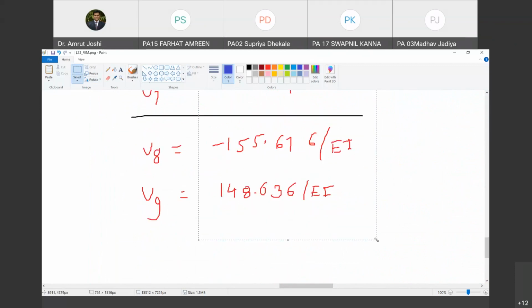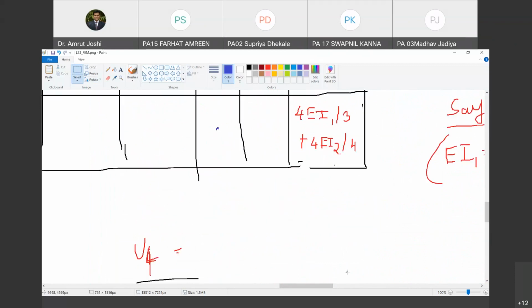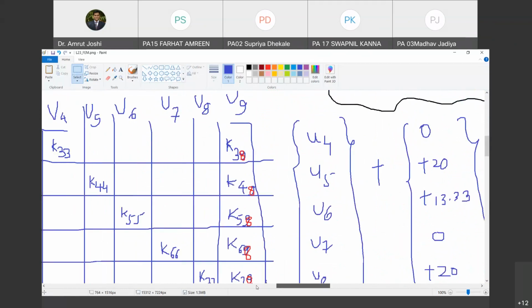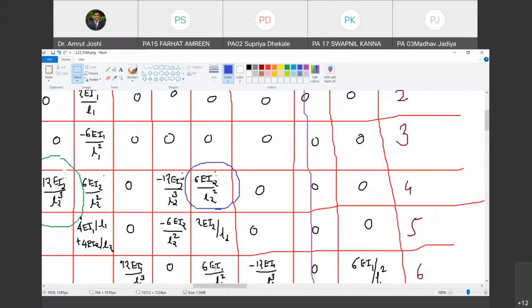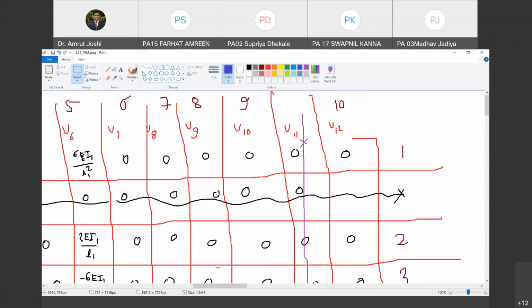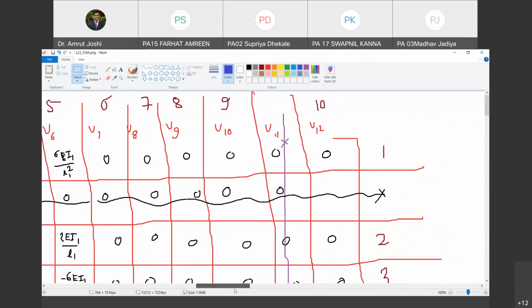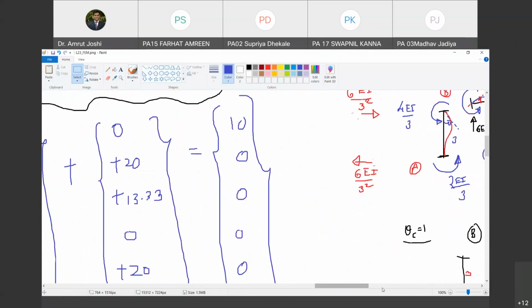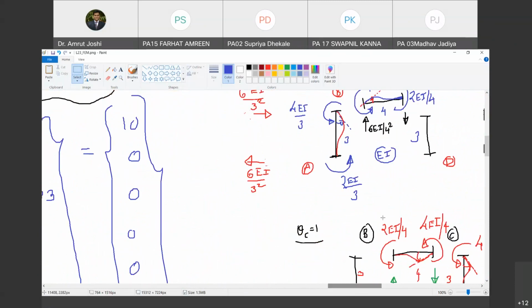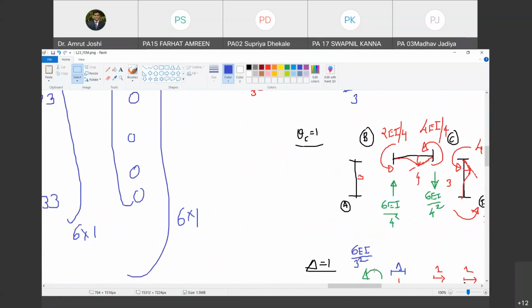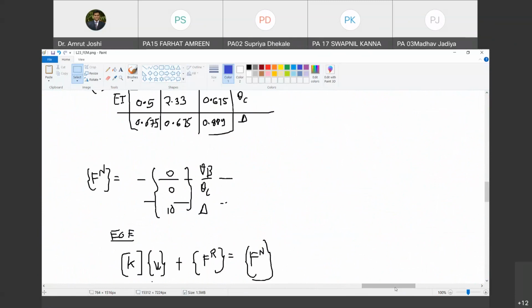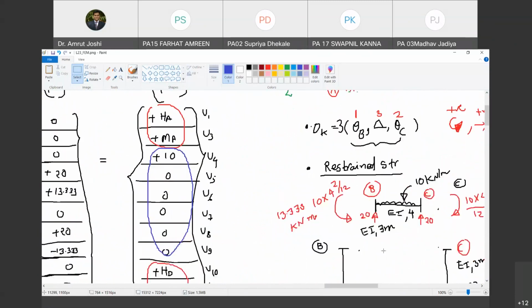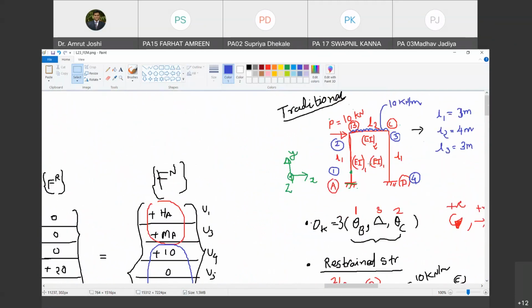So this was all about assembling stiffness matrices, force matrices, and restraint force matrices. This is also your assignment. Complete these calculations, also show the traditional stiffness matrix method solution, and show that both solutions match. The only difference is that in the traditional method we first find displacements only, then to find fixed end moments we have to use slope deflection equations.